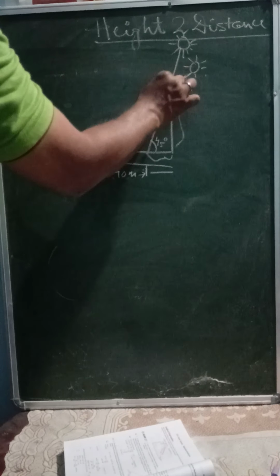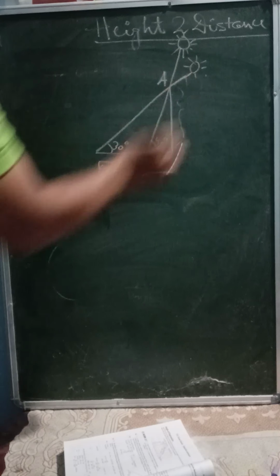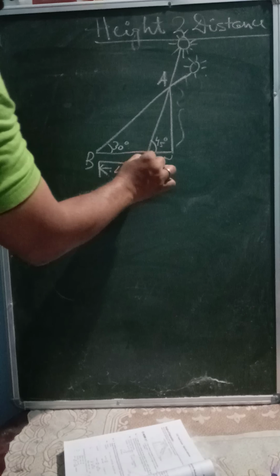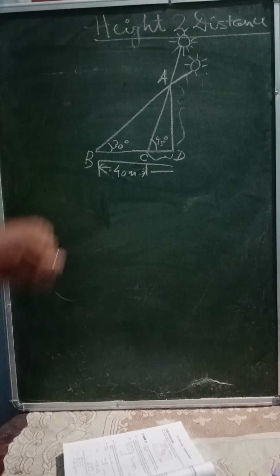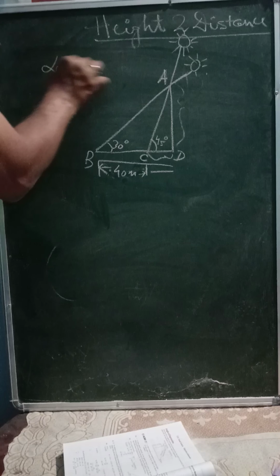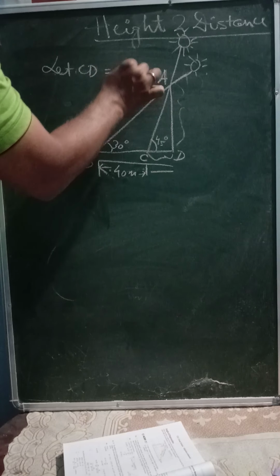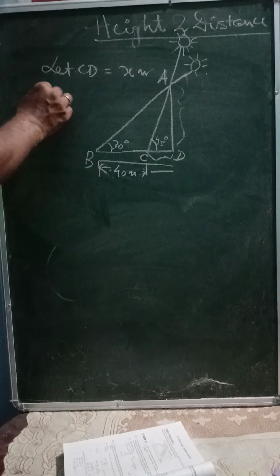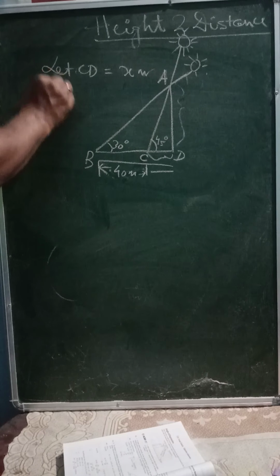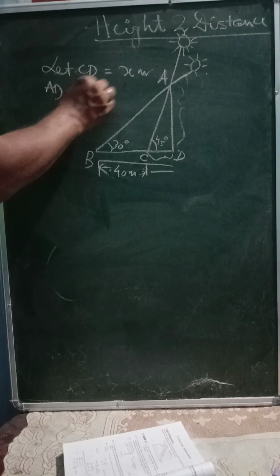So one thing we should know here. First of all, let us name the points A, B, C and D, so that it will be easy for us. Let CD length be x meter. So the height AD will also be x meter. Why?